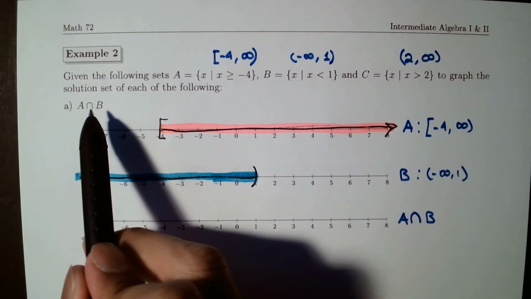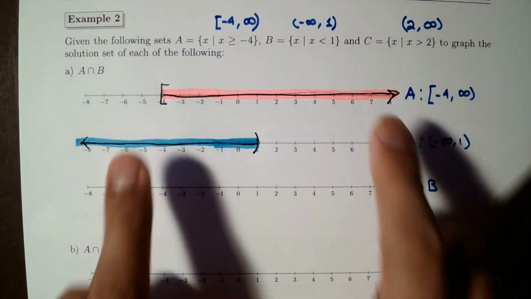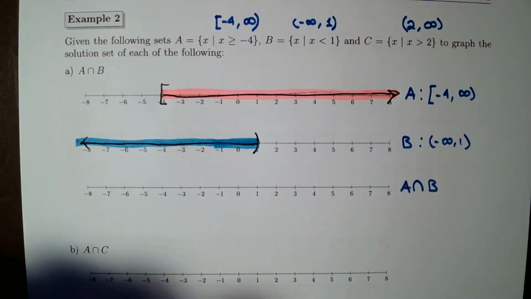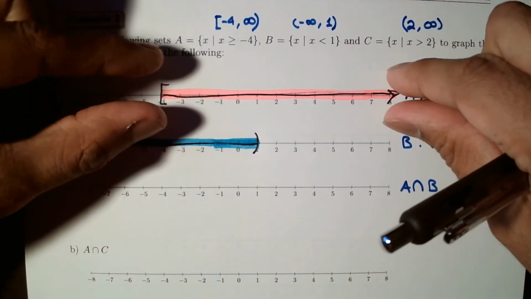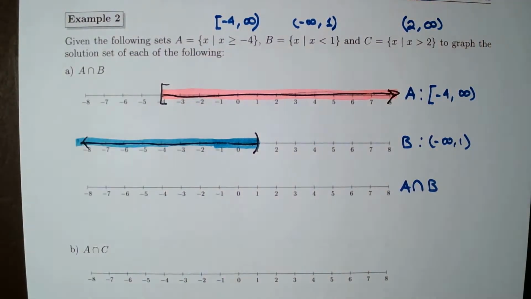So what are we going to do in this case? Intersection. I'm going to do a sandwich. Imagine you can grab this piece of pink stripe and put it on top of the second set, the blue one.